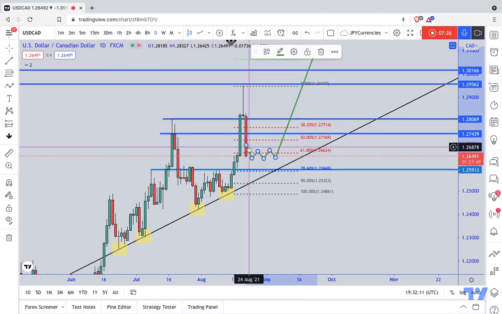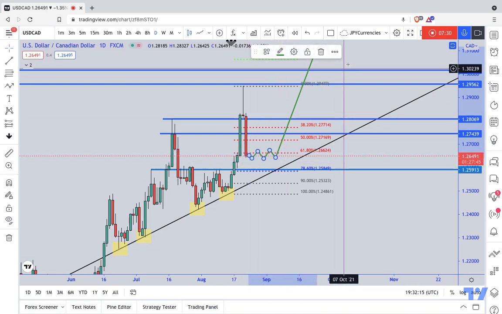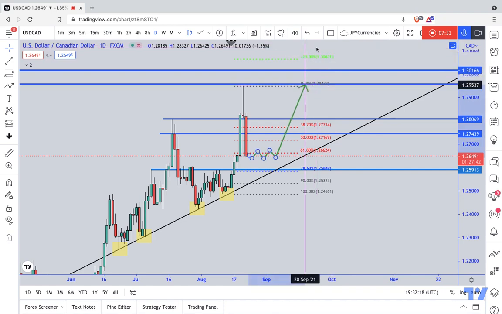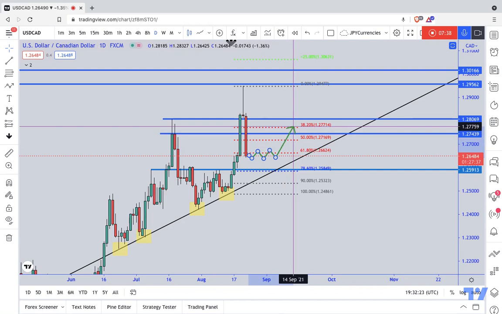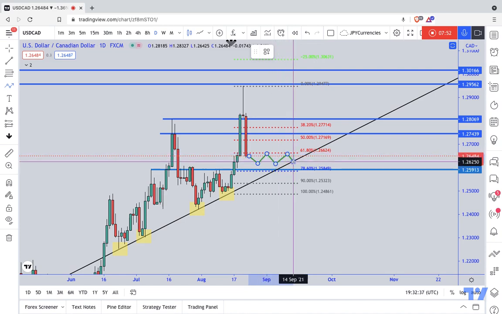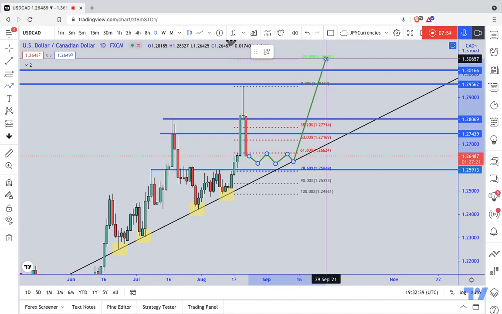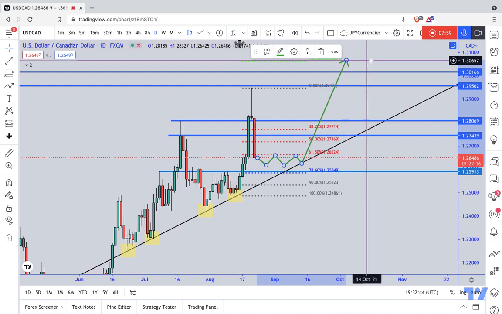We could start hanging around from just here. I think traders are maybe gonna wait so we touch the trend line. I'm not really sure, but this could be the thing.